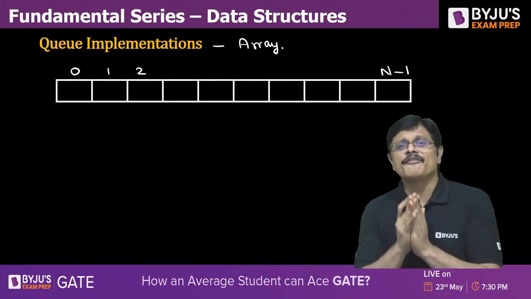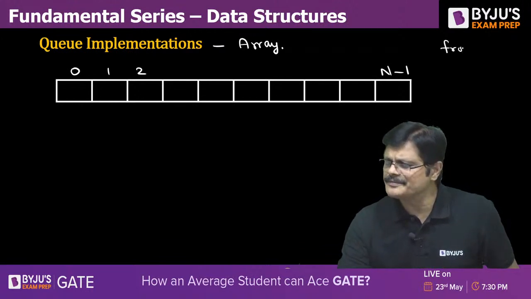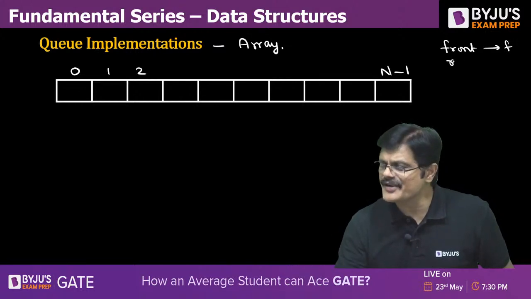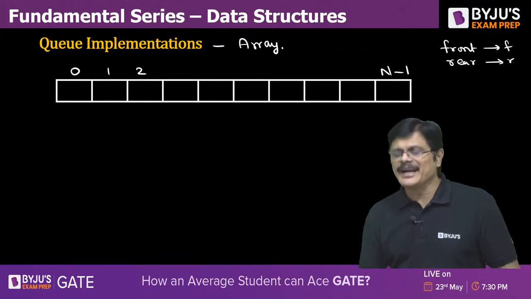One variable is called the front variable, denoted by F, and the other is the rear variable, denoted by R.